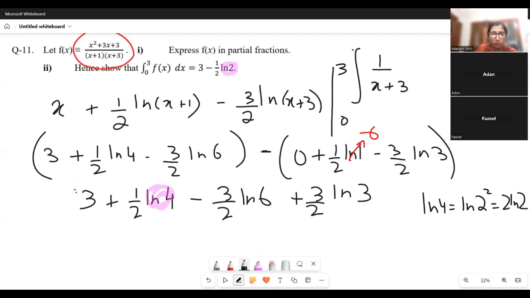So I'm writing 2 ln 2 here. 3 plus half, and instead of 4, I'm writing 2 ln 2. This 2 and this 2 get cancelled.